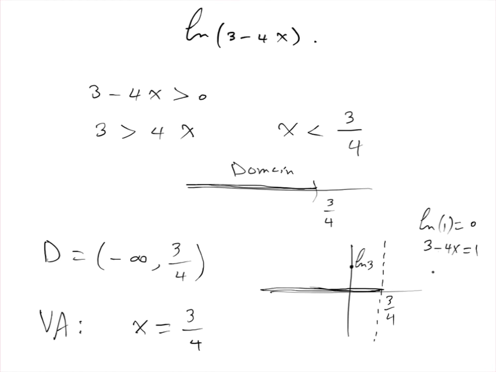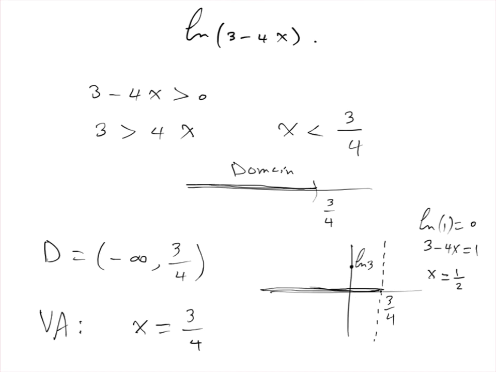Let's find x. I'm adding 4x to both sides and subtracting 1. I think I get 1/2, right? Let's see, if I have 1/2, 4 times that would be 2, and 3 minus 2 is 1, so that works. So x equal to 1/2 is where it crosses.